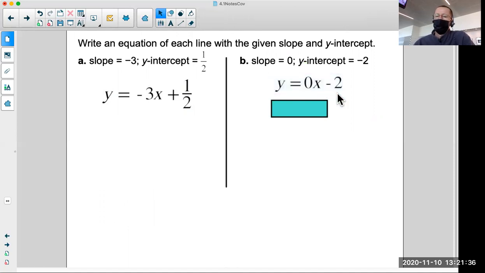And for this one, with the slope of 0, would we want to leave it like that or change it? Yeah, we want to change it. y = -2. What that's telling us is that we could still use y = mx + b for a horizontal line, but a horizontal line is not going to have any slope. Usually you could just write it as what do all the points have in common? In a horizontal line, they all have the same y coordinate, in this case, -2.